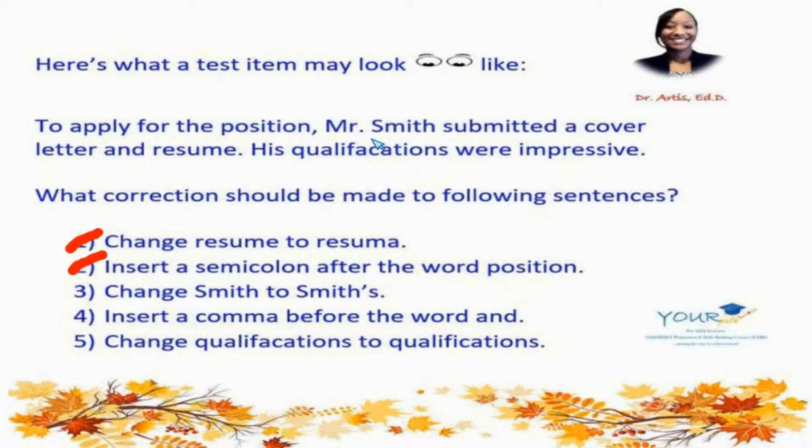So we have a noun which is acting as our subject, and our subject is doing something which is showing action, submitted, acting as a verb. And so in this case, it is correct because we're not using Mr. Smith in terms of him owning something. And so we're not going to change Smith to Smith's because that would be incorrect. And so we're going to eliminate option number 3.